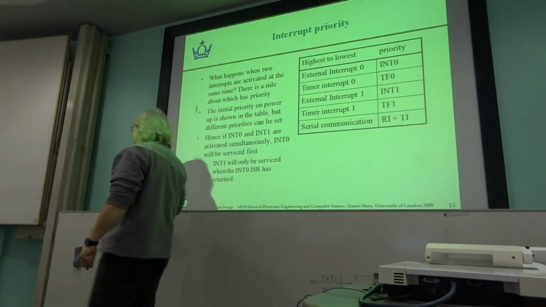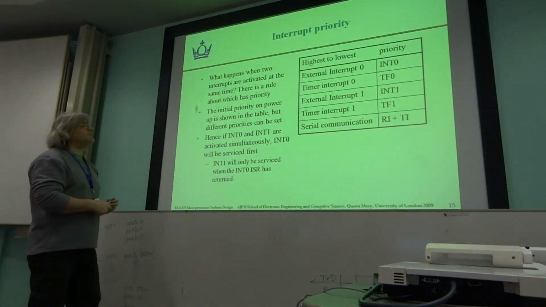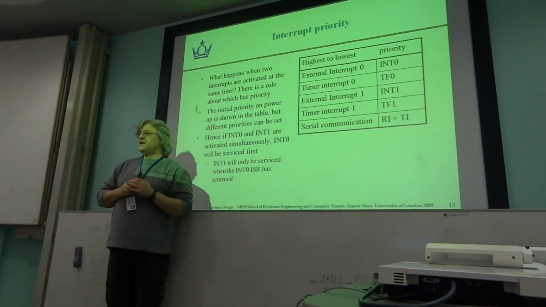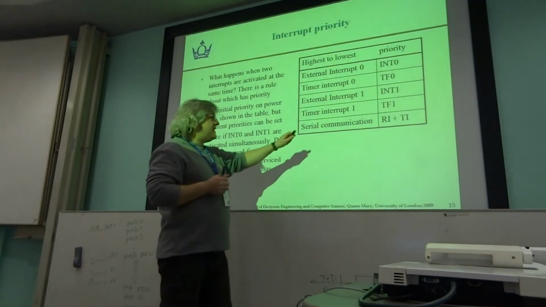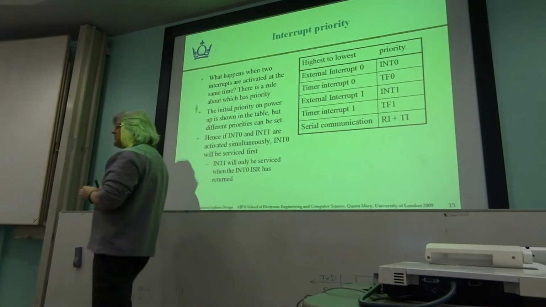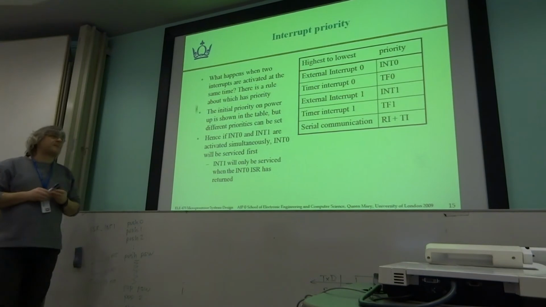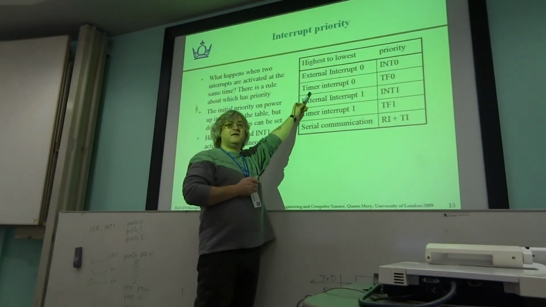It is quite possible that multiple interrupts happen at the same time or almost at the same time. If that is the case, you might be wondering, what happens? Intel have decreed that if multiple interrupts happen at the same time, they will be processed in a strict sequence, and this is the sequence from highest priority to lowest priority.